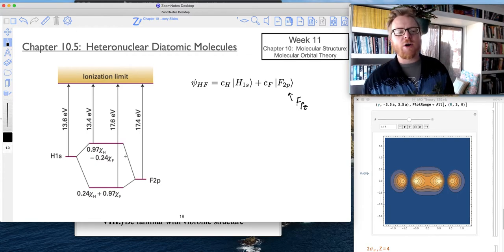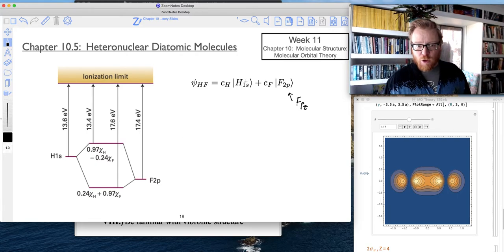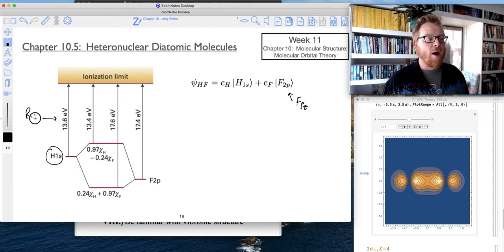And the way we start constructing not only these wave functions, but the MO diagrams, is by first looking at the energy relative to its ionization limit, okay? If we focus on just the hydrogen 1s, this number, 13.6 eV, actually comes from Rydberg's constant.